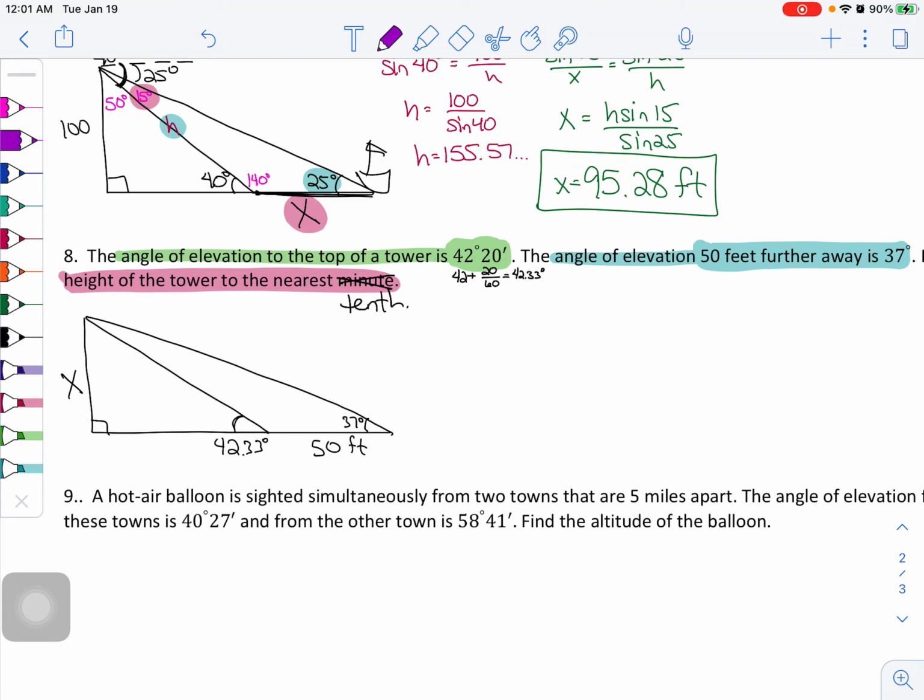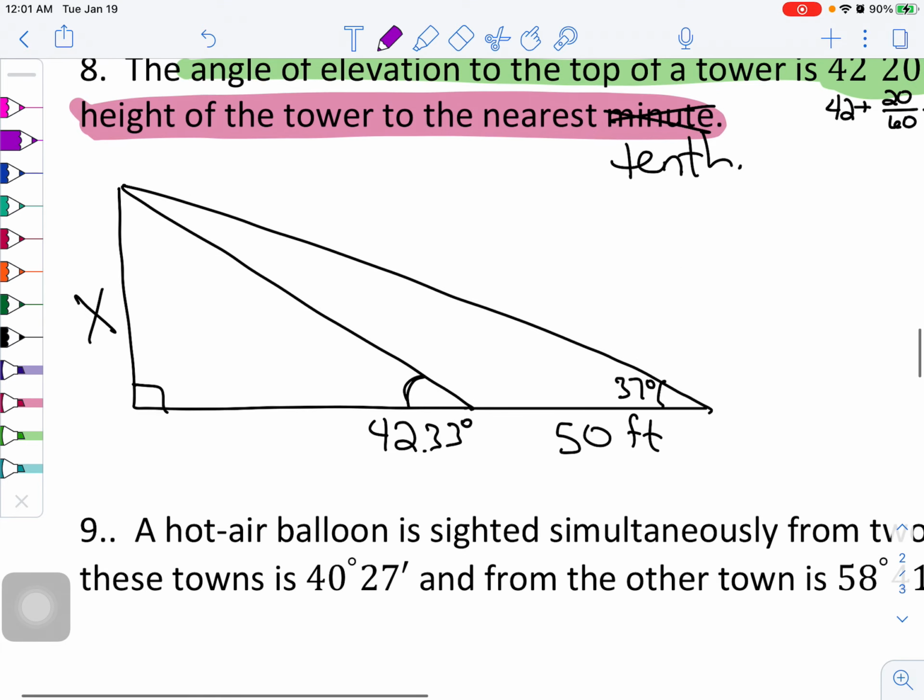All right, let's use some of this information to get the rest of the angles. So this 42.33 is supplementary to the angle next to it. So 137.67 degrees. I can use these two angles to find this third one.